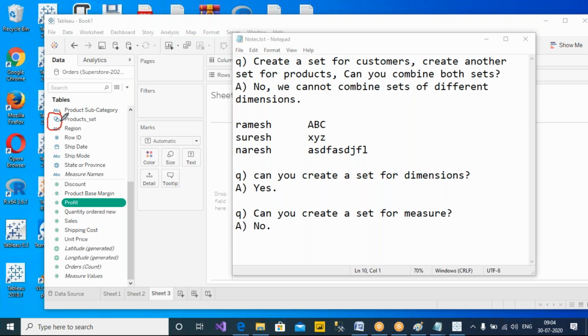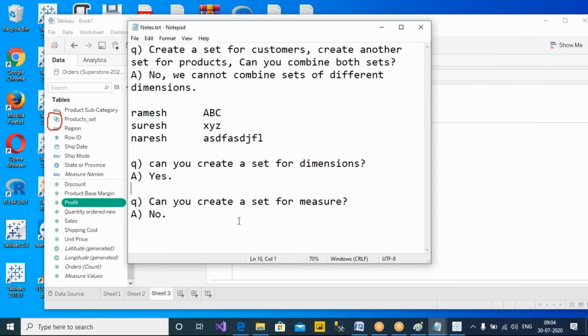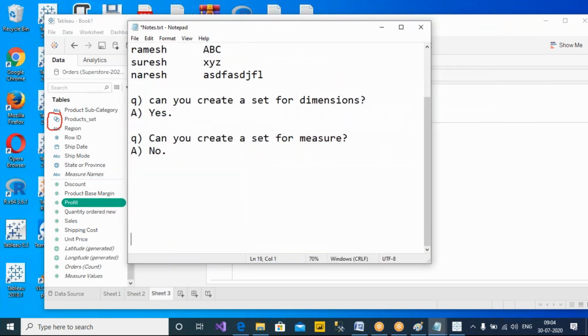Let me add one more certification question here, which we got just two days ago. One student attempted that, so let's put that question here. The options were dimensions and measures.